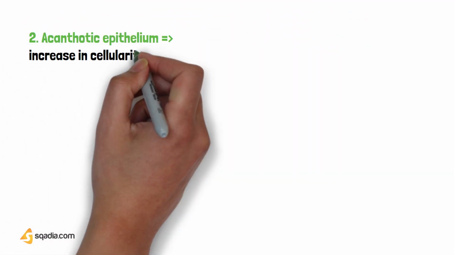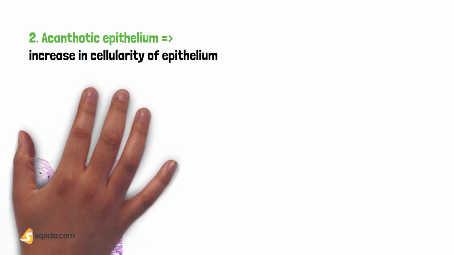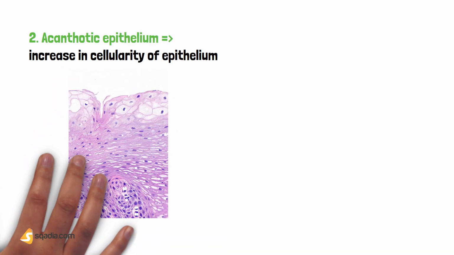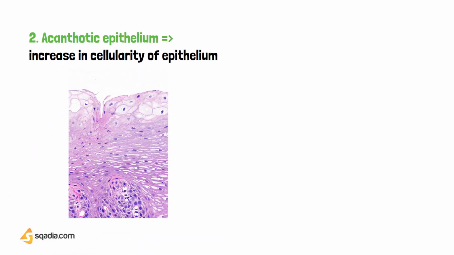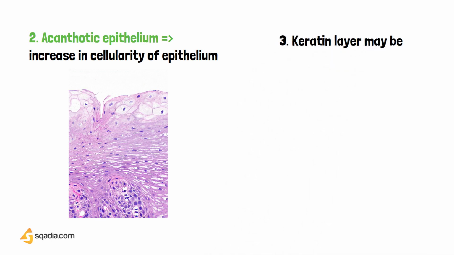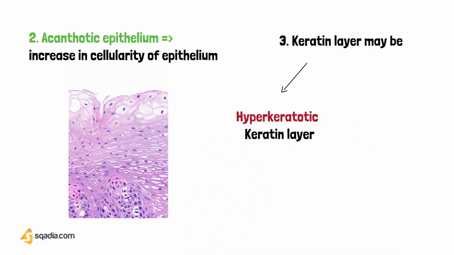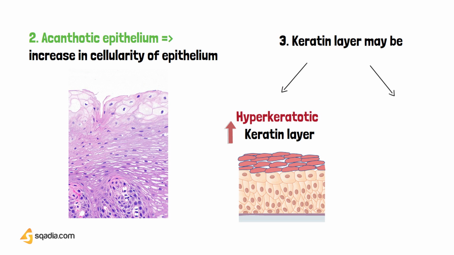The epithelium is going to be ectotic, meaning an increased cellularity of the epithelium, just like we discussed before. The picture also shows us the same phenomena. The keratin layer may be either hyperkeratotic, meaning the keratin layer will be more, or it may be atrophic, meaning that there will be a decrease in the keratin layer.